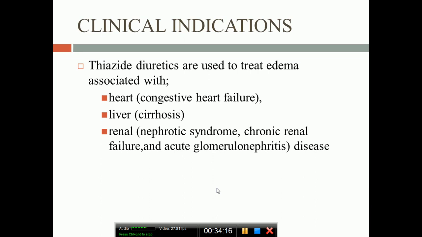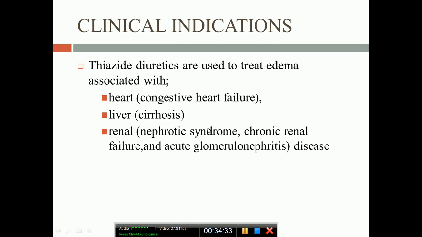If you look at the clinical indications, thiazide diuretics are used to treat edema associated with congestive heart failure, liver cirrhosis, renal nephrotic syndrome, chronic renal failure, and acute glomerulonephritis.